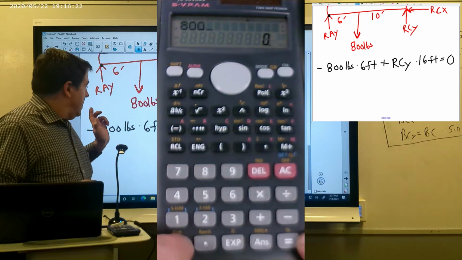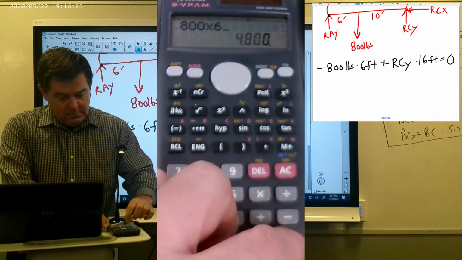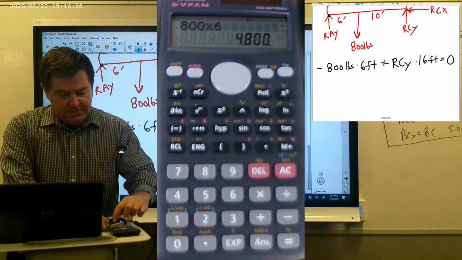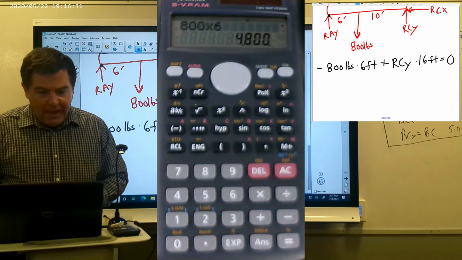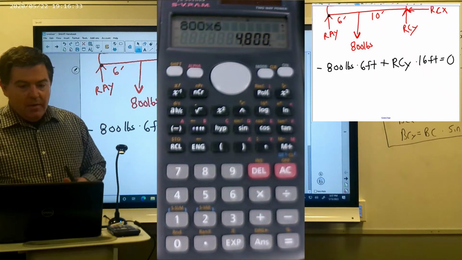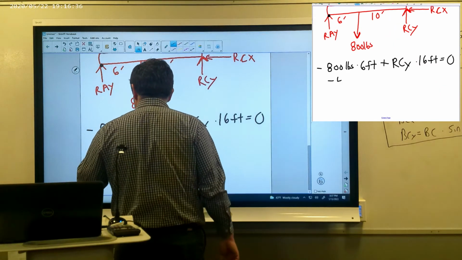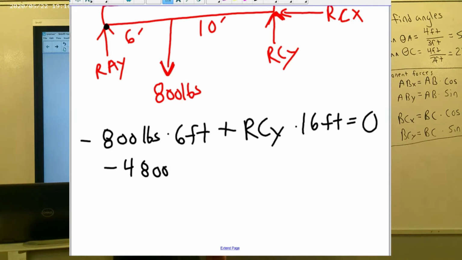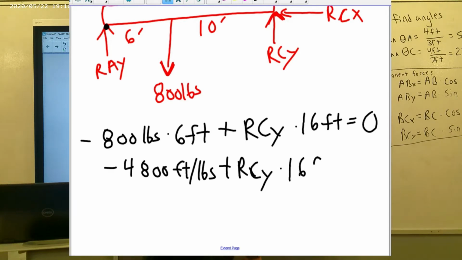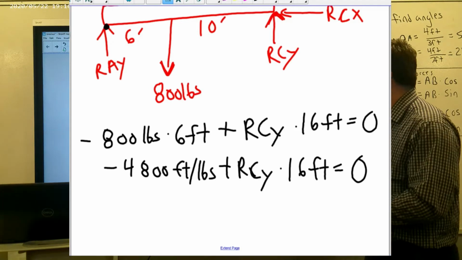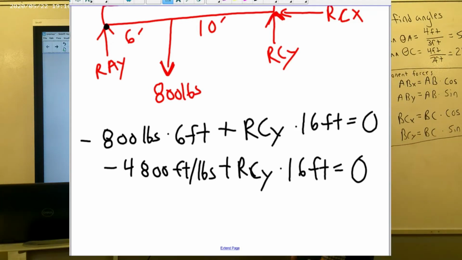Okay, so 800 pounds times 6 feet gives me negative 4,800 foot-pounds, plus reaction force Cy times 16 feet equals 0. So negative 4,800 foot-pounds plus reaction force Cy times 16 feet equals 0.